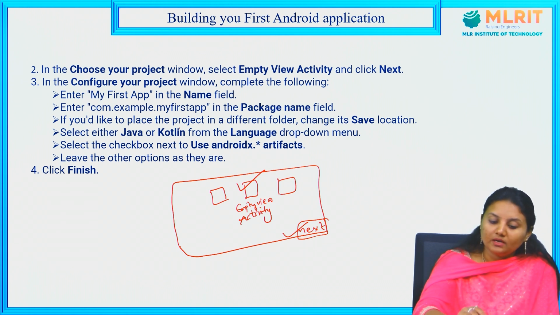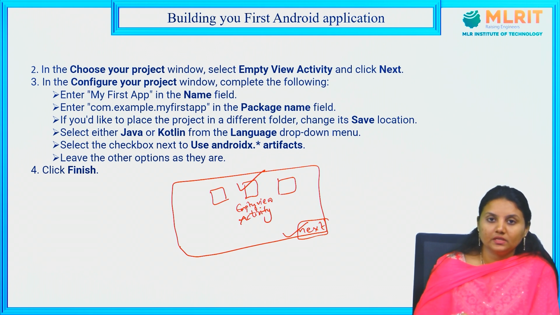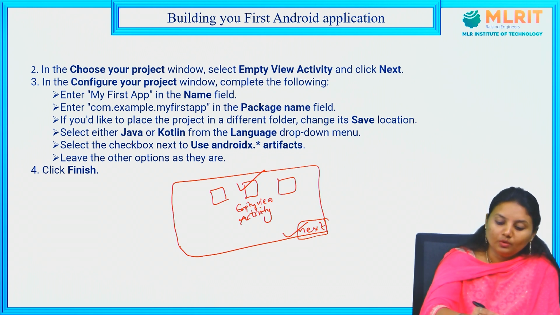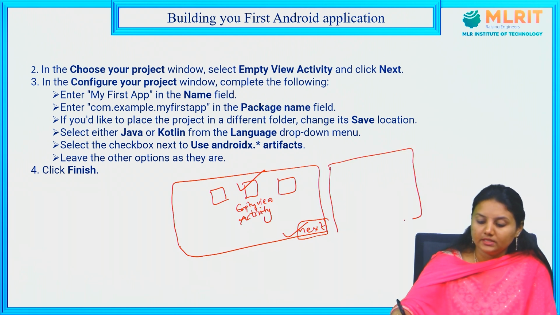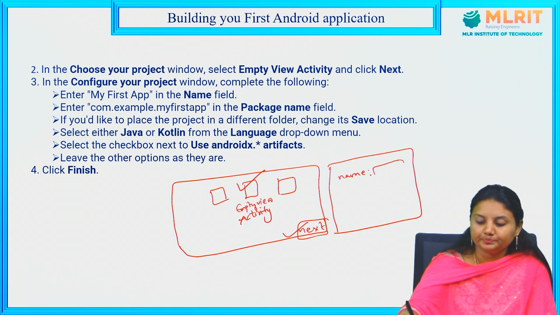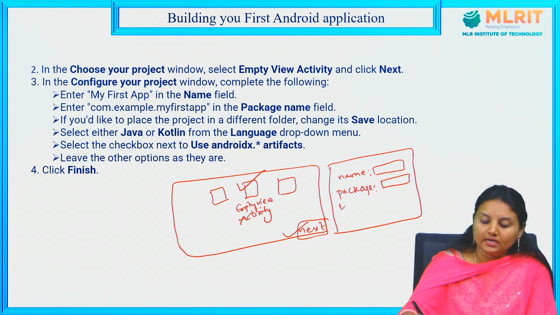If you would like to place your project in a different folder, then you have to change the location. Otherwise, you have to save in the same location. You will have one more field. So once you have selected the empty view activity, here you will have the name, then the package, then one more to select the language.